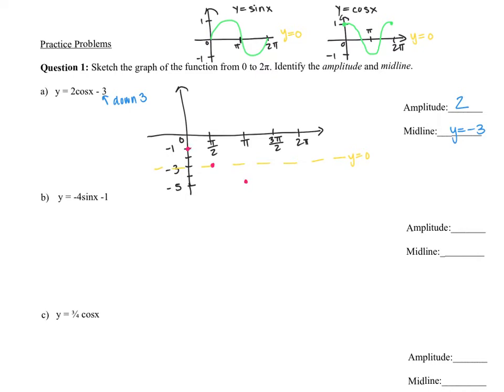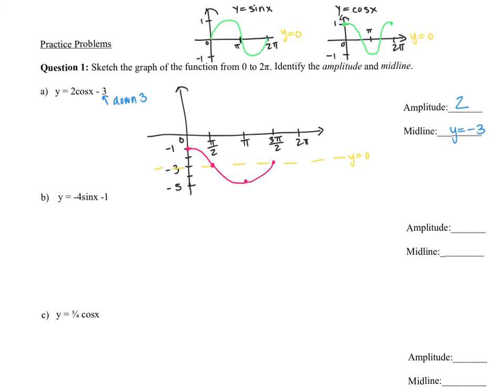So I'm already starting to see the shape, but remember, cosine's a U. So when I'm connecting dots, I'm trying to make that U shape happen. And then at 3 pi over 2, you can see it comes back to the midline here for cosine. So I'm going to try to mimic that. And then at 2 pi, it's back to the highest point.